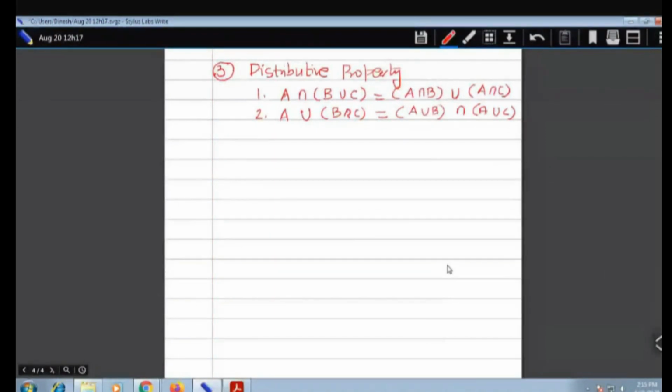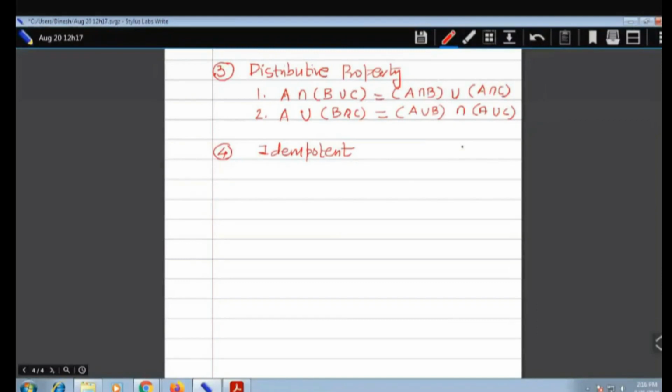Then the very interesting one is the idempotent operation. What do you mean by the idempotent operation? Idempotent operations are operations that you do n number of times and the result is the same. For example, if you multiply x by 1, by 1, by 1, ultimately the result is the same.